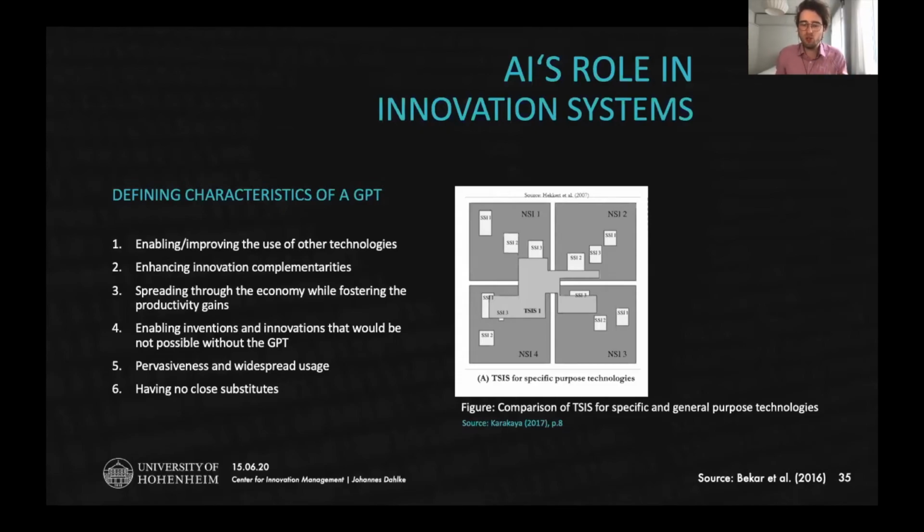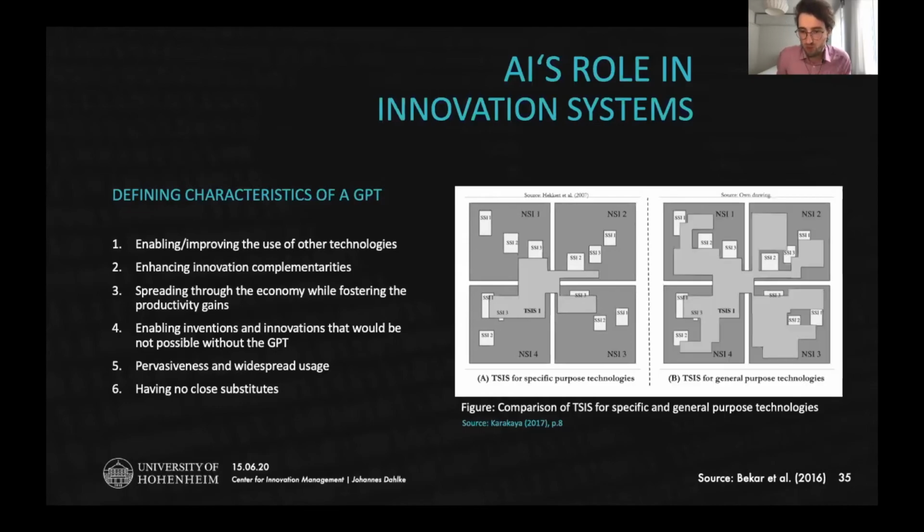Now, the picture looks a little bit different for a general purpose technology, which you can see on the right here, right? And here, let us define the technology-specific innovation system in the middle as AI. And as you can see, AI basically is connected to all national innovation systems across the globe, and linked to all kinds of sectoral innovation systems. And this proves the point of AI being a technology that enhances the capabilities of other technologies.